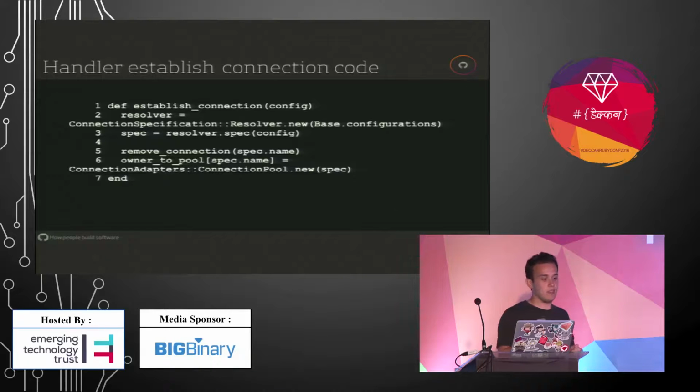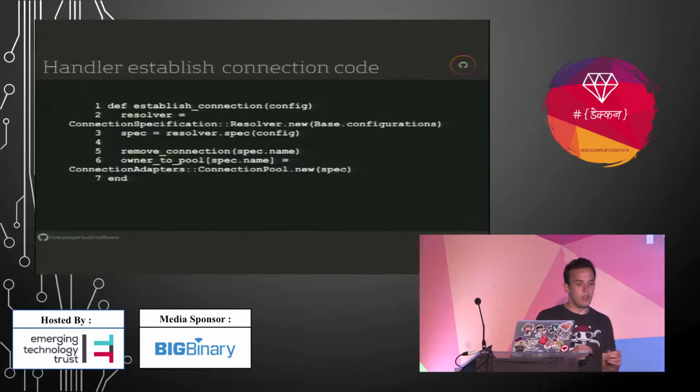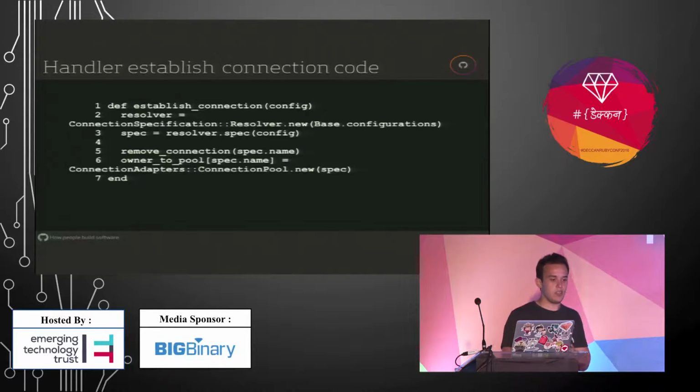And on line 6, it's super close to what it was before, but if you pay close attention, you're going to see that the key here is not the model.name anymore. It's spec.name, and that spec.name is something the connection handler can figure out by itself. If you remember, the database YAML file always has some key and a few values.